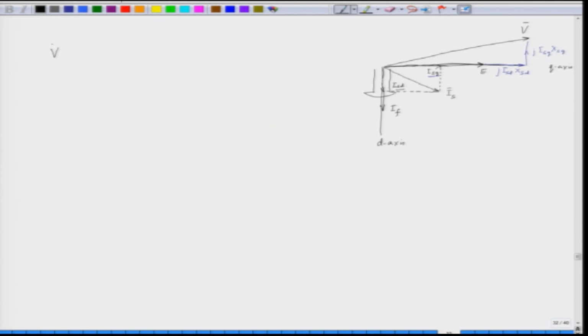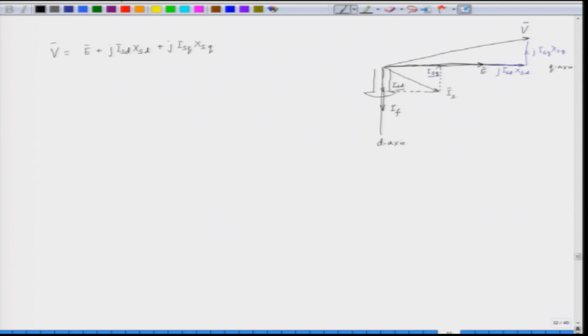So, what is the total voltage V? V is equal to the induced EMF E, E is also a phasor, plus j I_sd X_sd plus j I_sq X_sq.